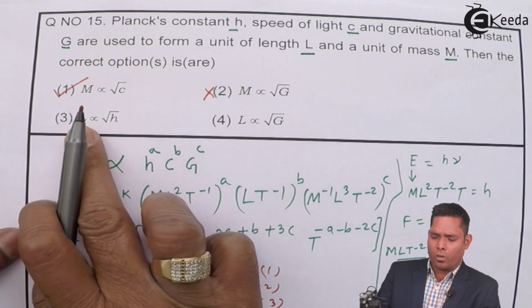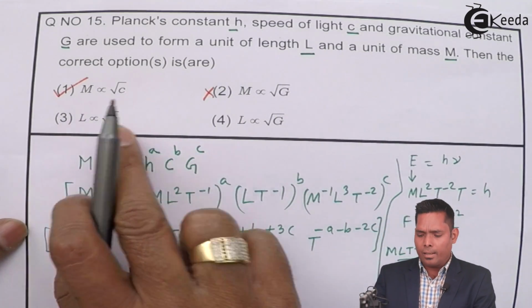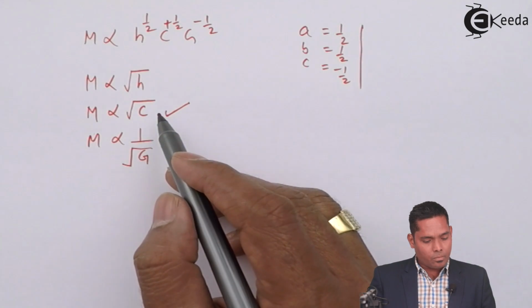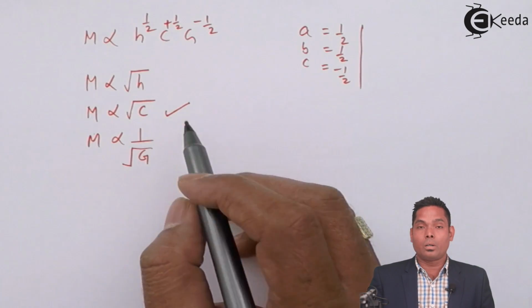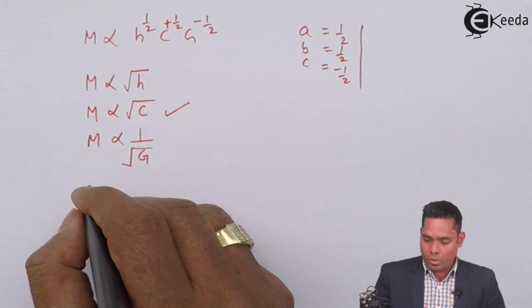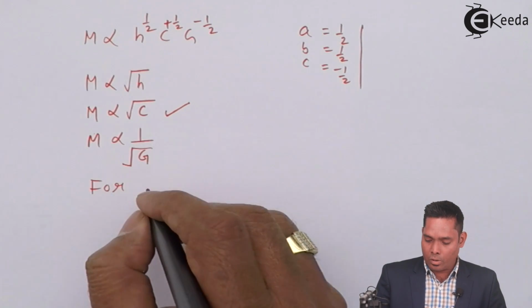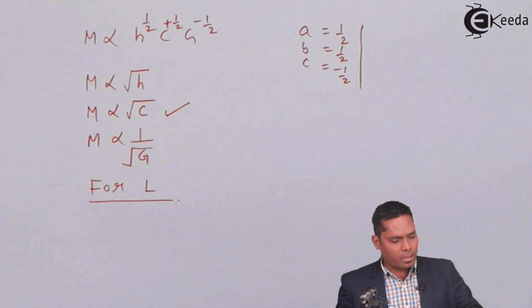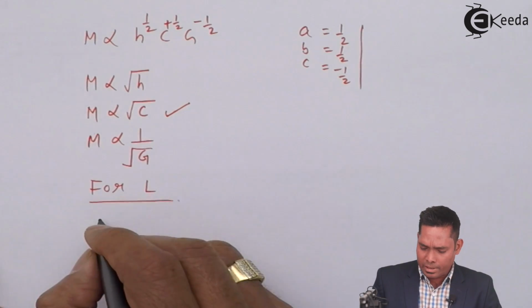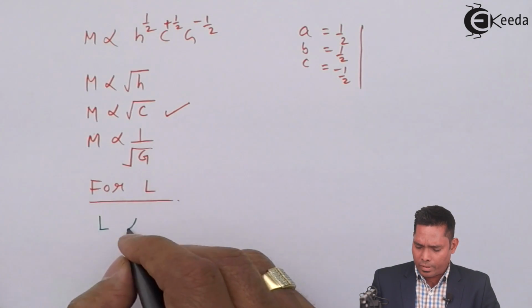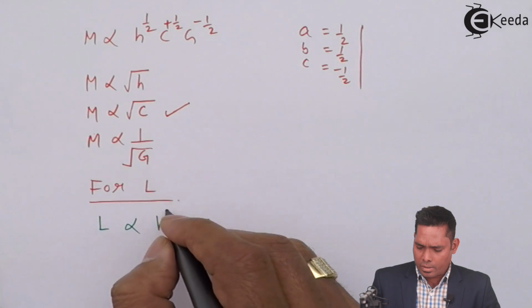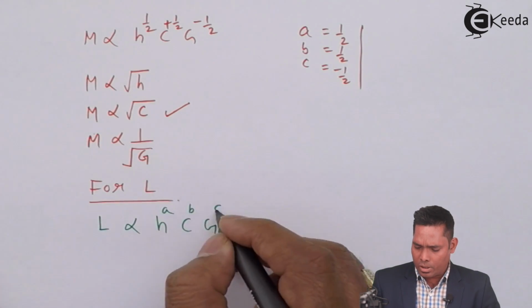Then we have to see the expression for L, because the M part is over. Let us say that L varies with H, C, G to the power of a, b and c.